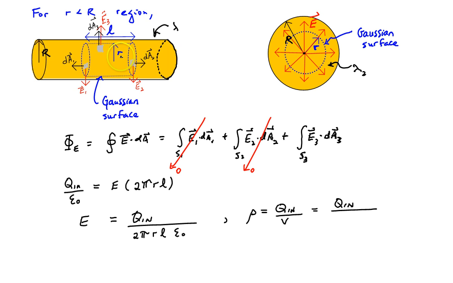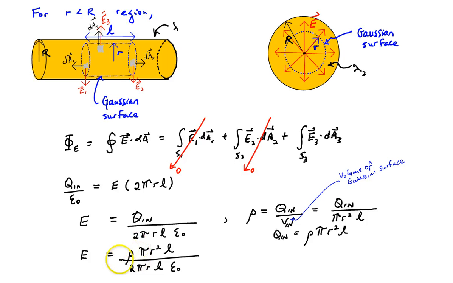This Gaussian cylinder with a radius r and a length L would be pi r squared times L. Therefore, we could replace Q inside this Gaussian surface with rho times pi r squared L in this expression.